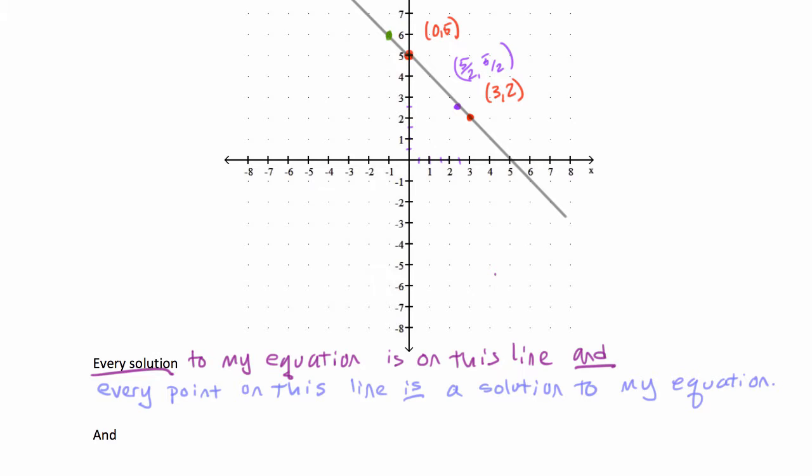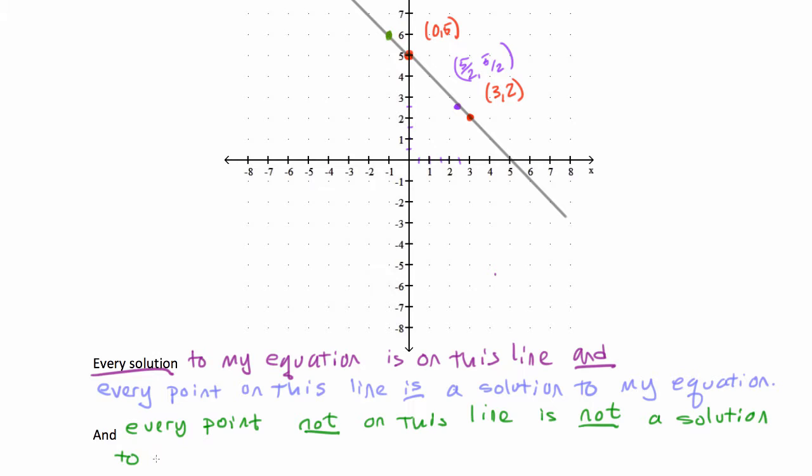I also have that every point that is not on this line is not a solution to my equation.